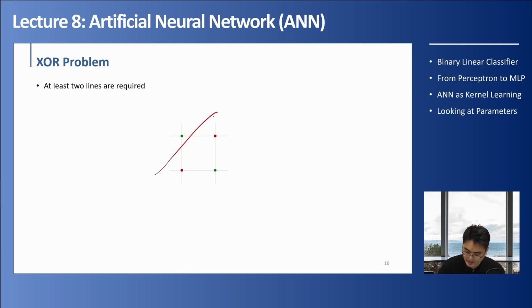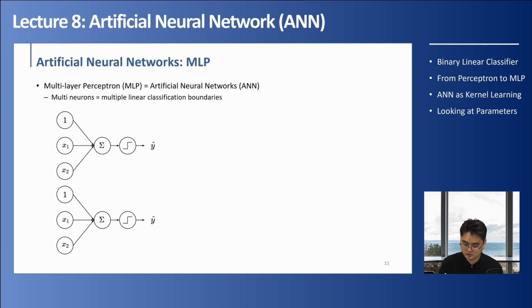And I told you that we need to have at least two lines to create a proper classification boundary in this problem. And to create these multiple lines, we can use a multi-layer perceptron, which is called an MLP. And this is also known as an artificial neural network, which is the most basic version of the neural network models.